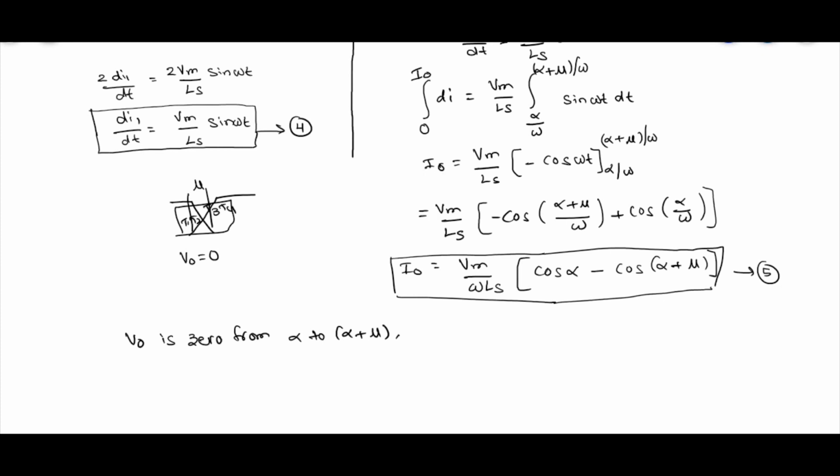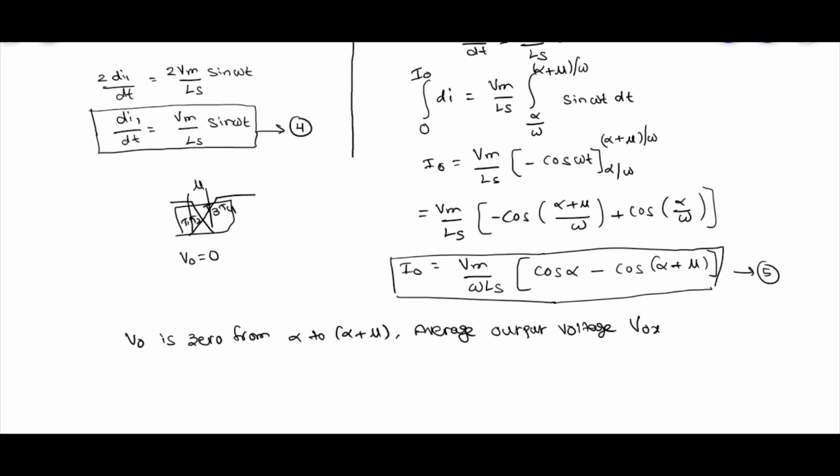So let us find the average output voltage VOX. Actually V naught is the average output voltage, but in this duration V naught is 0.